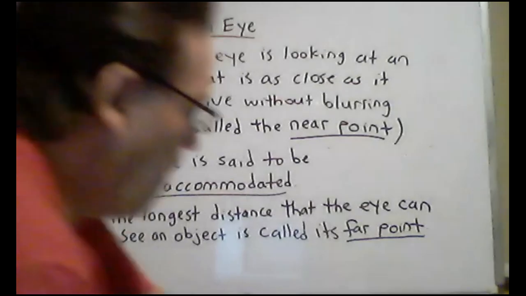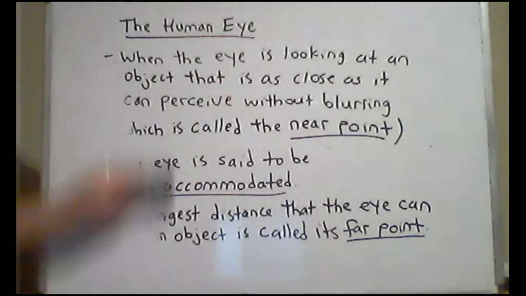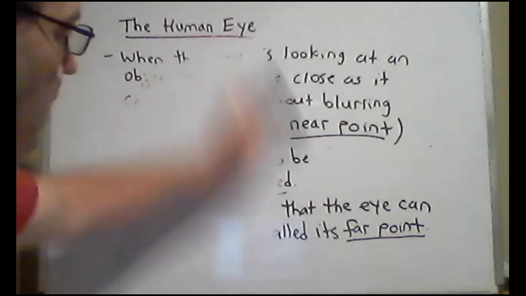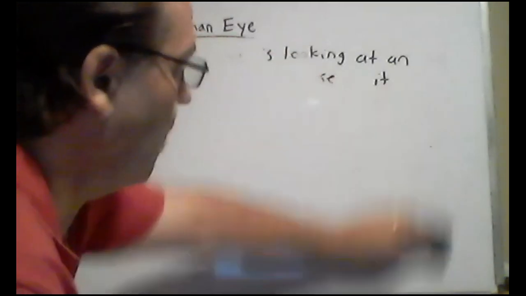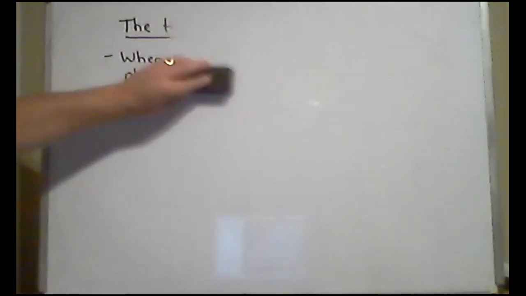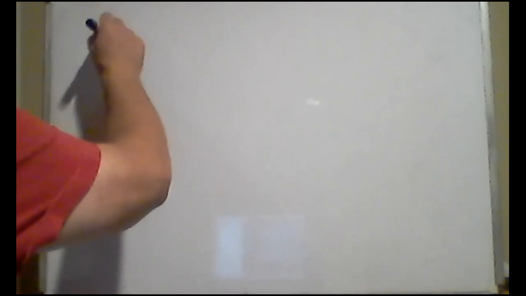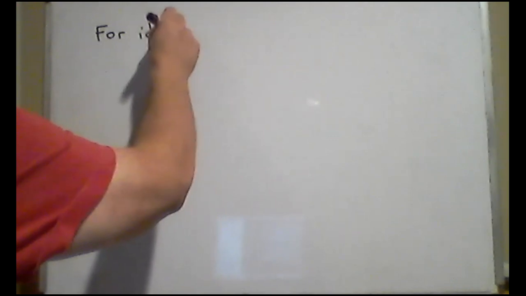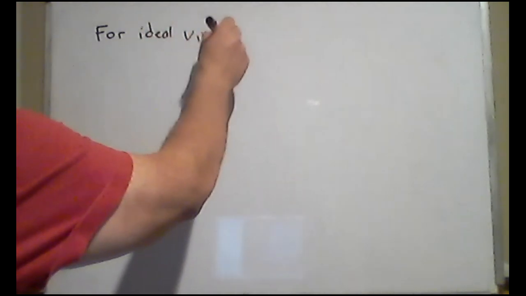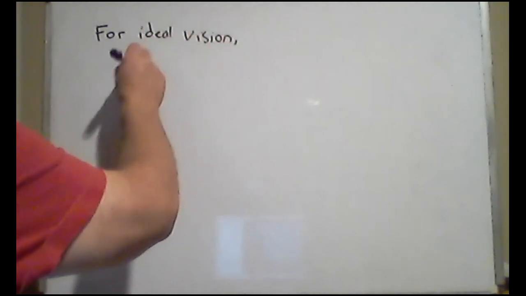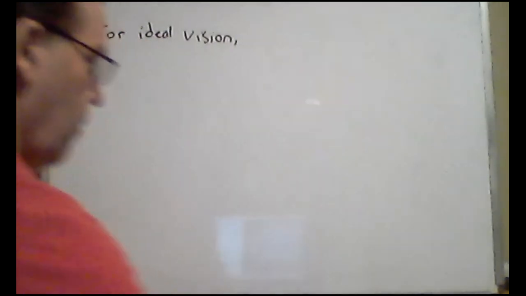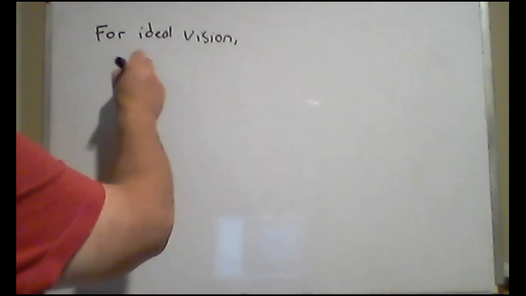Now, we have this idea of what we call normal vision. I would say the better term probably would be ideal vision. And so ideal vision, somebody who says they have 20/20 vision, right? For ideal vision, we take the far point to be effectively infinity.